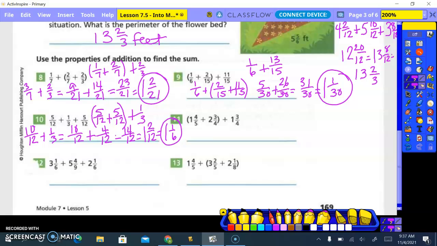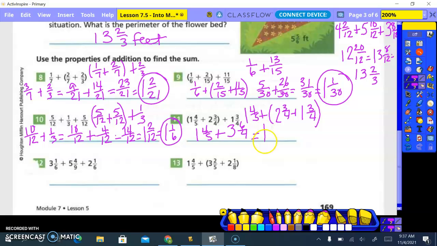Commutative, associative, or both? Associative, right? We just need to move the parentheses. So we'll rewrite 1 and 4/5 plus parentheses 2 and 3/4 plus 1 and 3/4. So rewrite it. So 1 and 4/5 plus, what's 2 and 3/4 plus 1 and 3/4? 3 and 6/4. Okay, we can rewrite it later, right? Okay, so what's going to be my common denominator? 20ths, right?